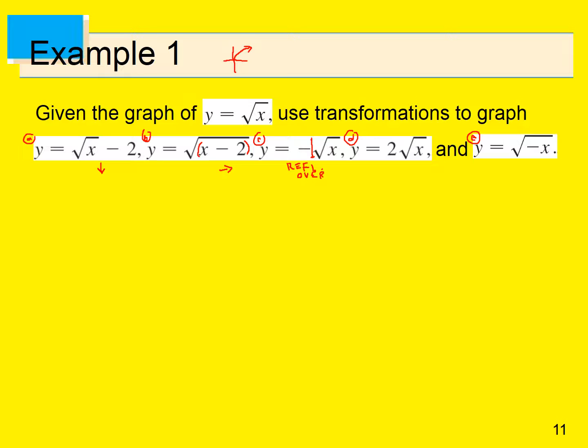The x-axis. When a function is multiplied by 2, it's going to be a vertical stretch. And when x is replaced by -x, right, reflection over y-axis.